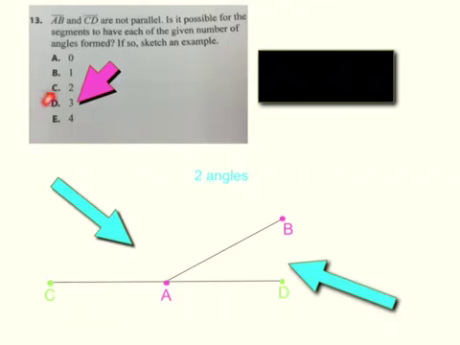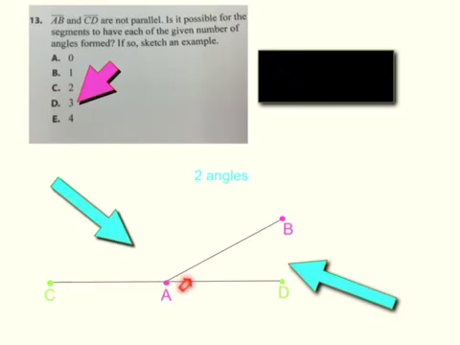So for C, it's asking us if we can have two angles. Well, we can put a straight line like here and have another line coming here. You can do this in a bunch of different ways, but I just have it like this.